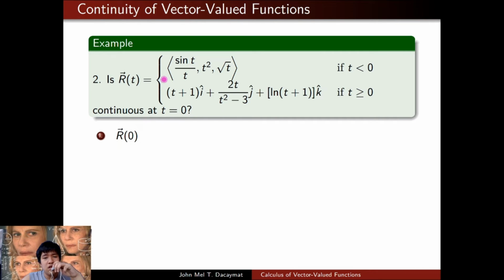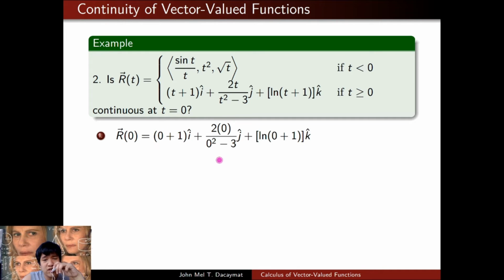If you plug in 0, we will use this one, because this is the vector valued function for t equals 0. That's where t equals 0 falls. If you plug in t equals 0 here, the first component, 0 plus 1, is just 1.